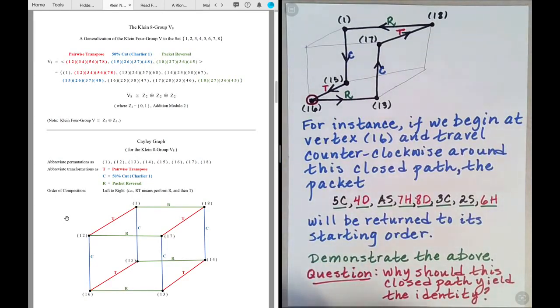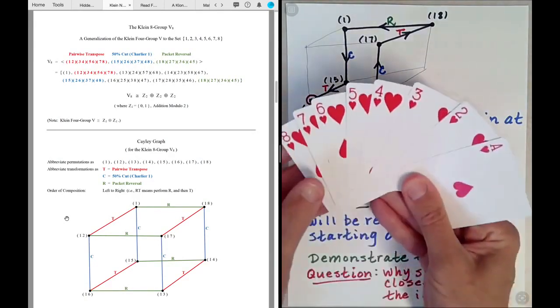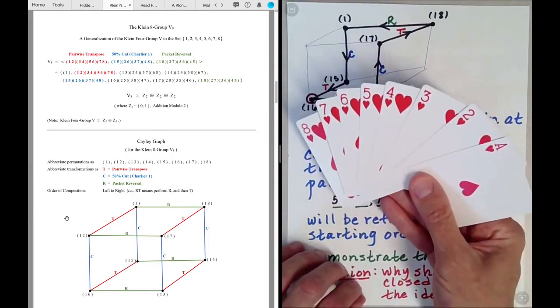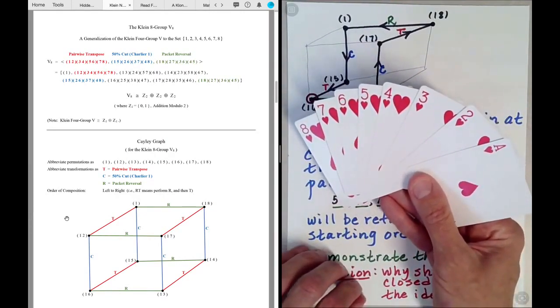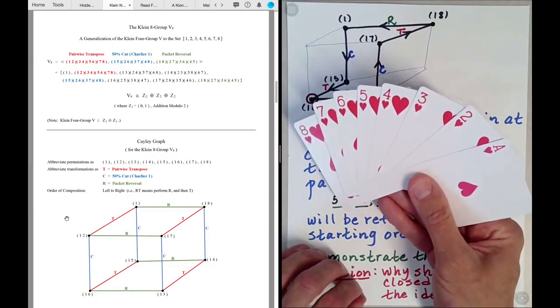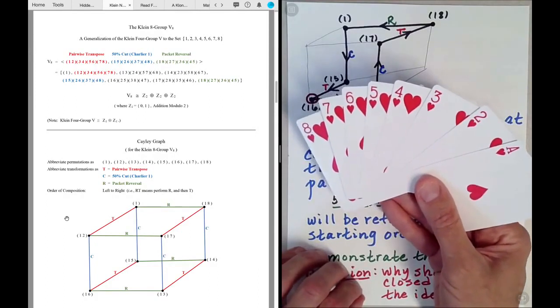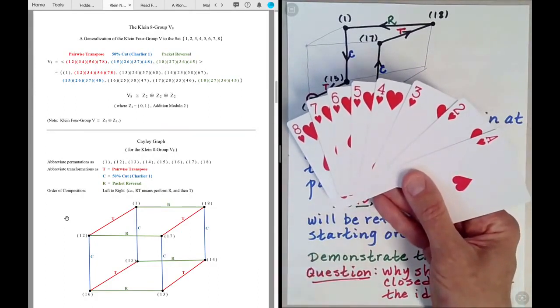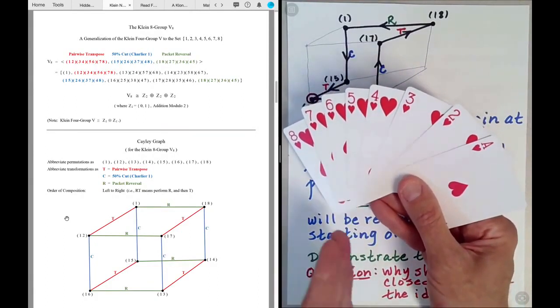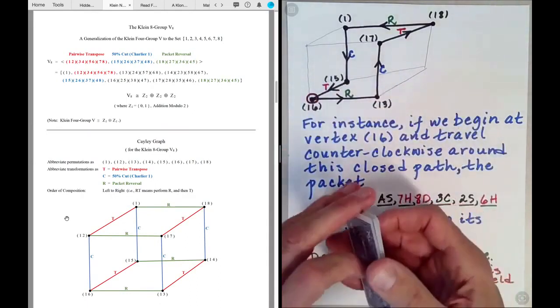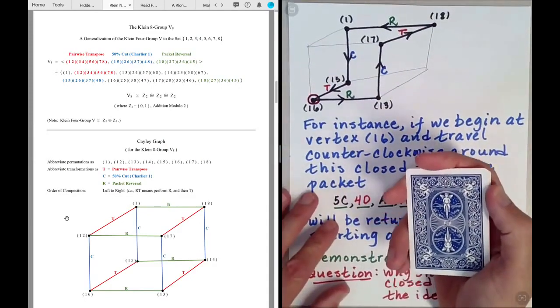That's equivalent to a reversal of the cards. Now, not too many people watching those actions would suspect that that is just a packet reversal, especially since they're given the choice as to how many cards are dealt into each of those piles. But indeed, as you can see, it's simply a packet reversal.